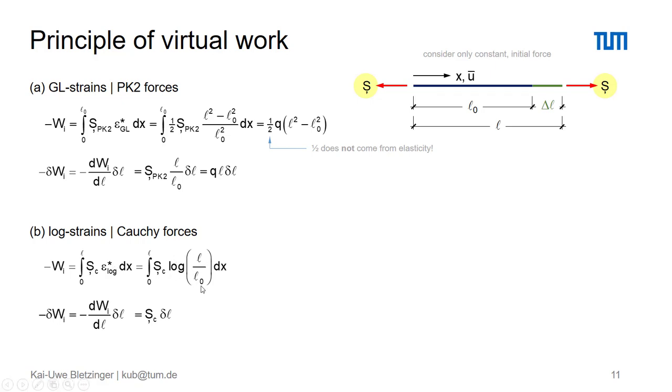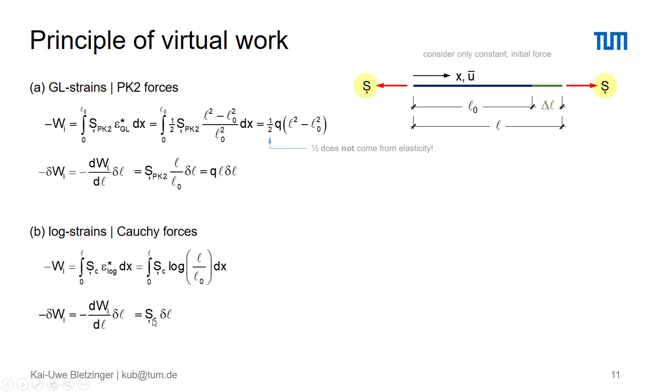Substituting the expression for the logarithmic strain and taking the variation, that means again applying the chain rule of differentiation, post-multiplying by the virtual length, or the variation of the length, we receive this expression for the internal energy, or respectively the negative virtual work.